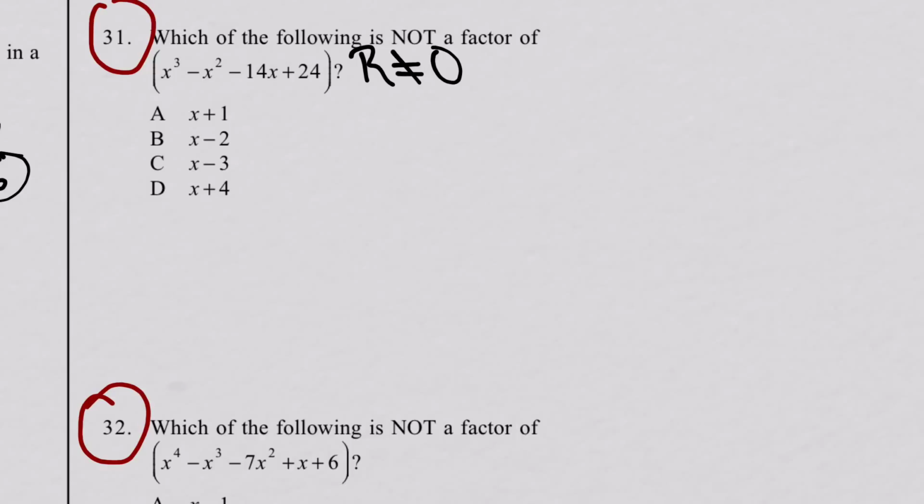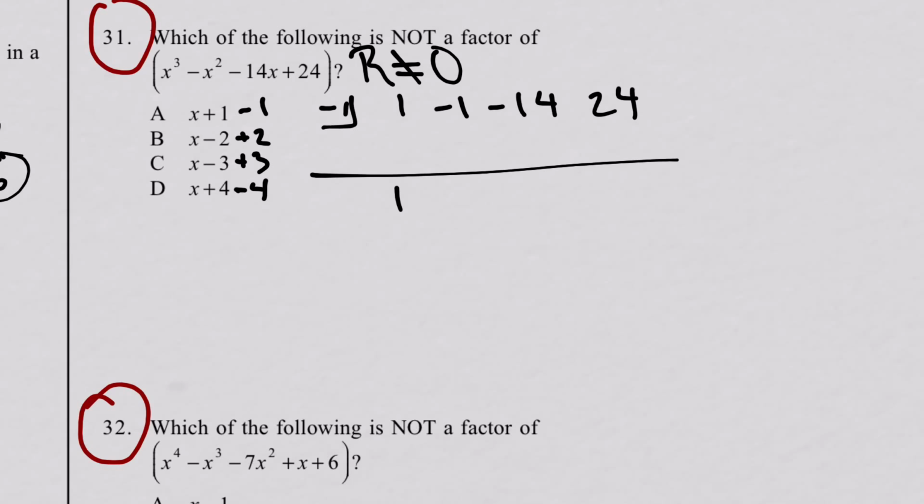Okay, so I'm going to do the same thing, synthetic division here. For the first one, I'm going to use -1, then +2, then +3, then -4. Alright, let's start with -1. My numbers here for my polynomial are 1, -1, -14, and 24.